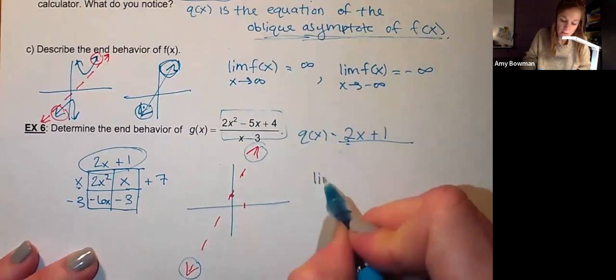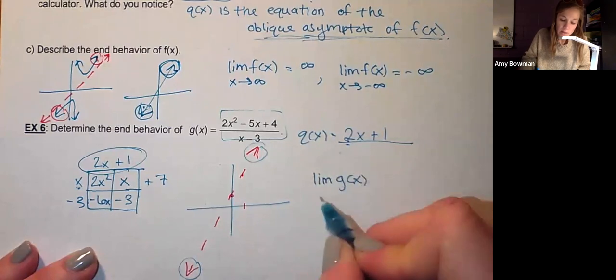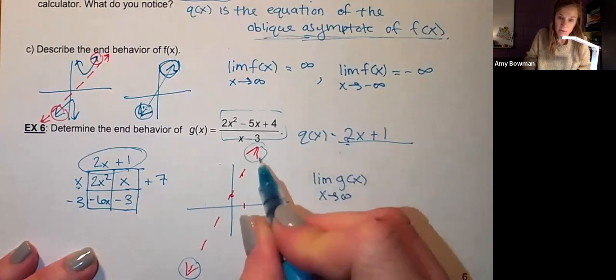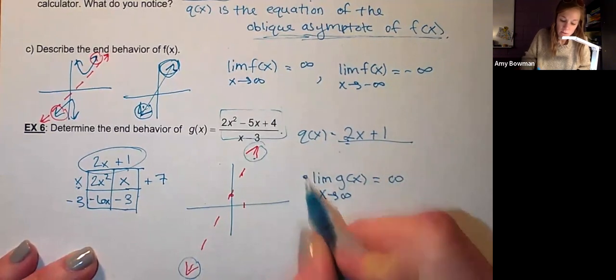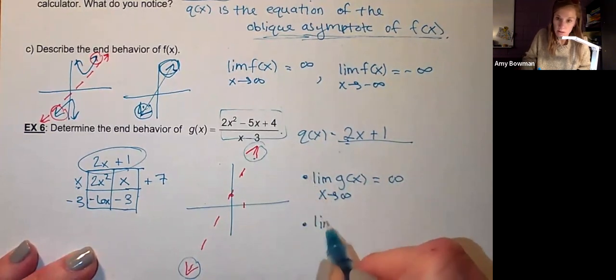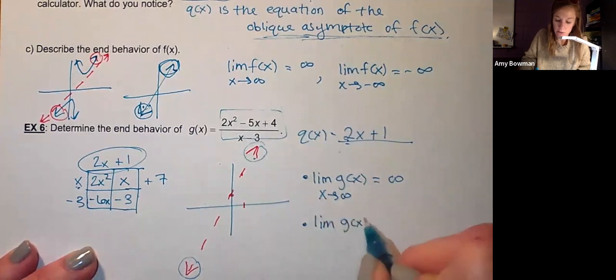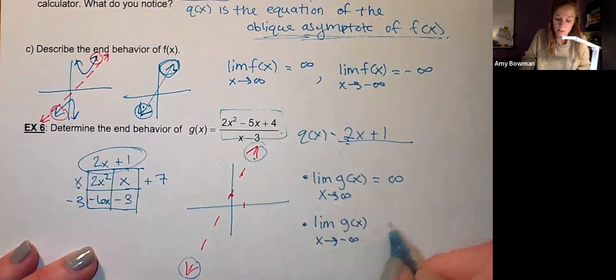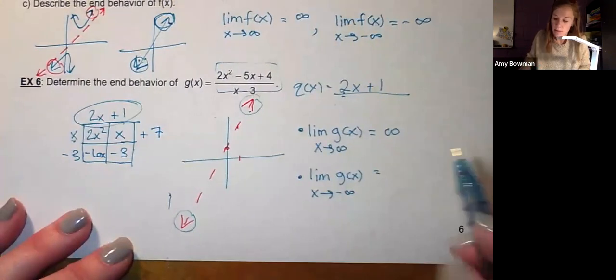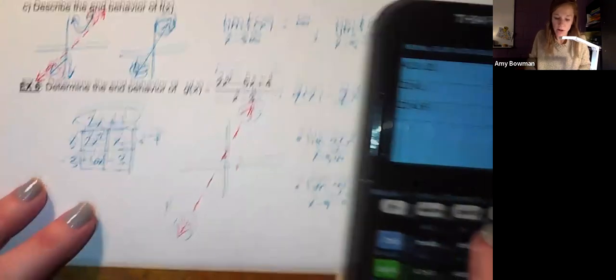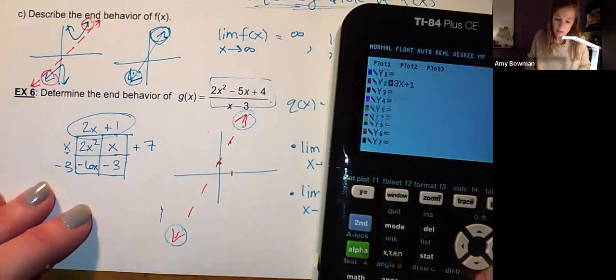So I know that the limit of g of x as x approaches infinity does whatever this does, which is approaching infinity as well. And I also know the limit of g of x as x approaches negative infinity, because it's doing whatever this is doing. And then we could just check that on the graph if we want to see what that looks like.